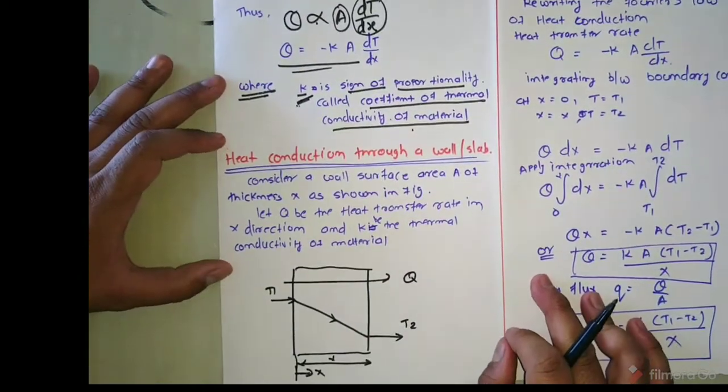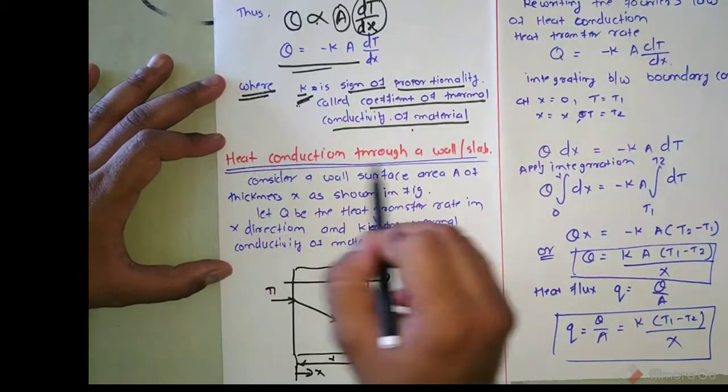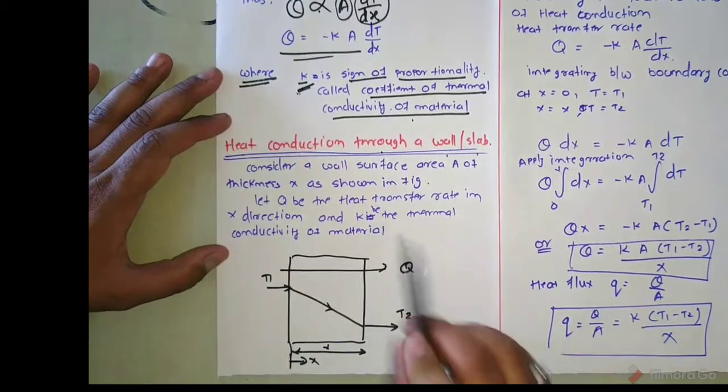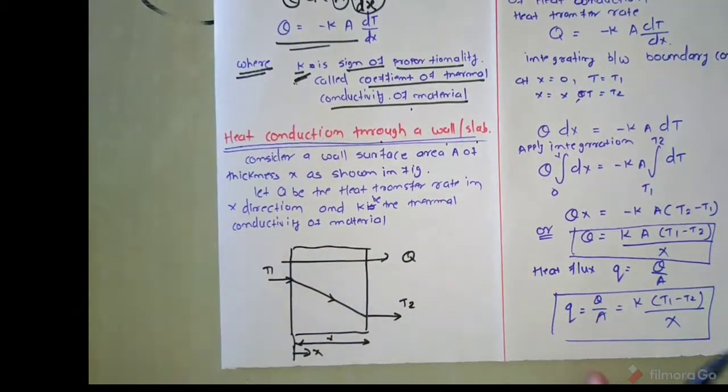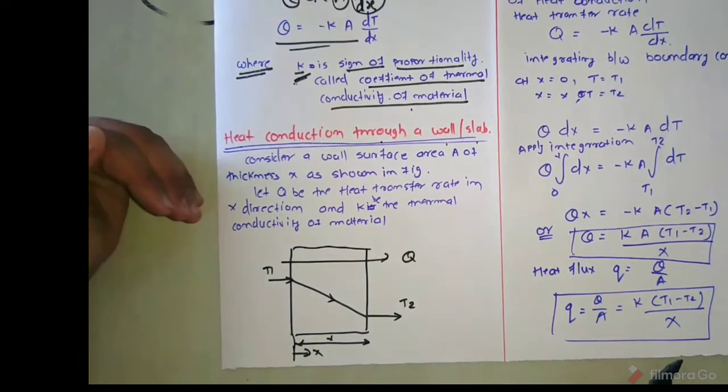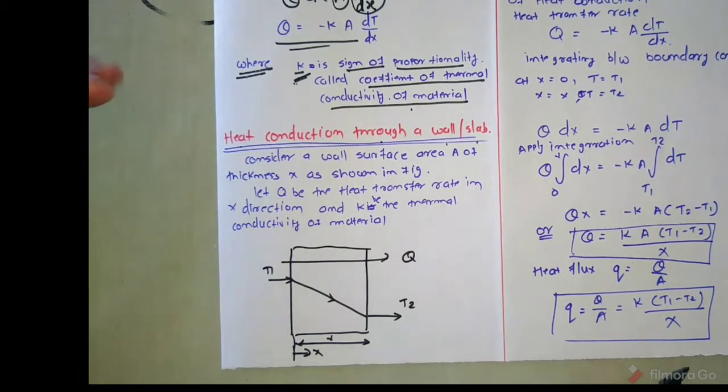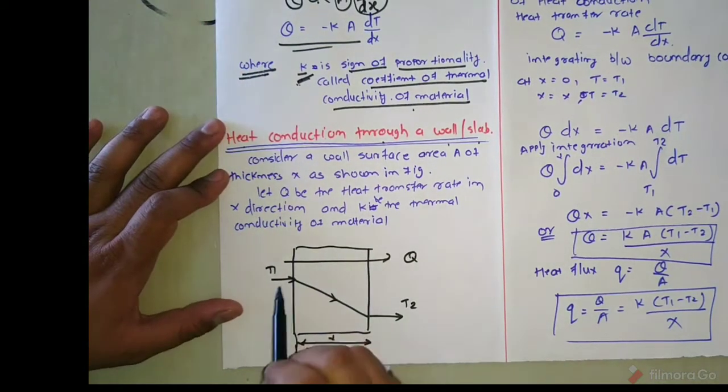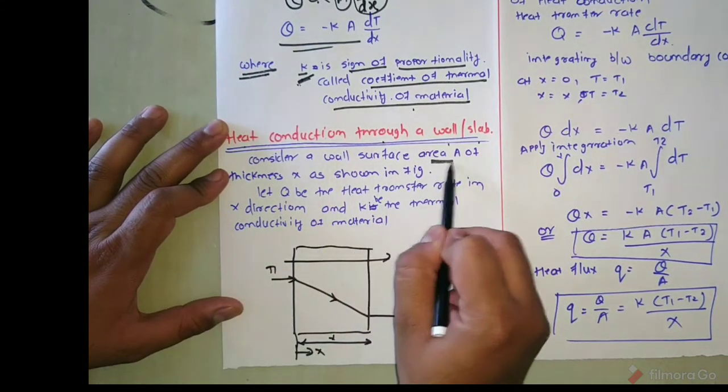Then consider heat conduction through a wall. Like in the summer, if you are sitting in your house and your house walls get heated, how can the heat be transferred through your wall into other surfaces or other rooms? So consider a wall surface.